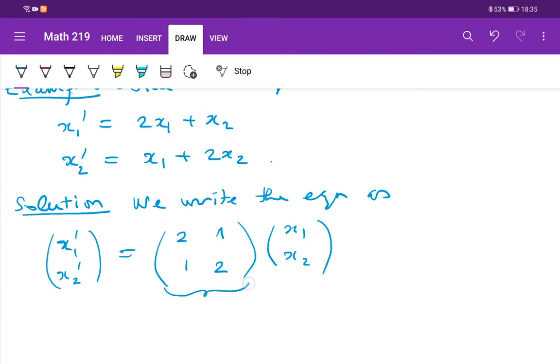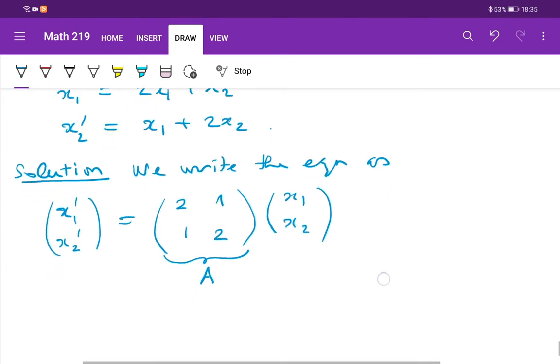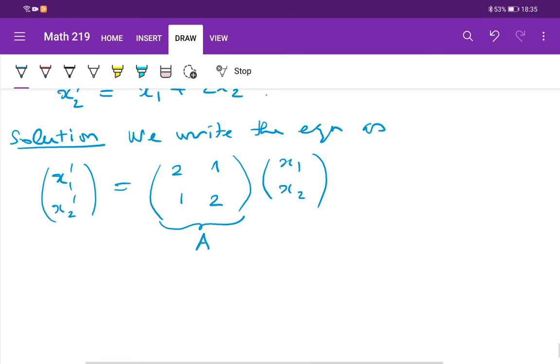So this is our matrix A. Okay, so it's a constant coefficient matrix, and we can look for solutions by looking for eigenvalues and eigenvectors of A.